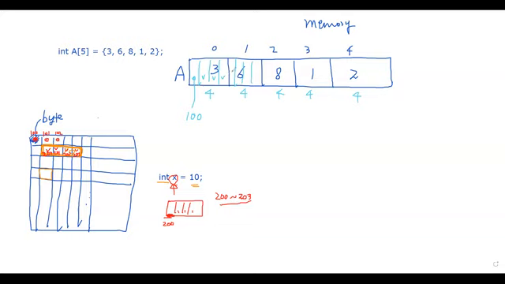Then the first byte of the second cell has address 104, and the bytes are 104, 105, 106, 107. The first byte of the index 2 cell is 108.